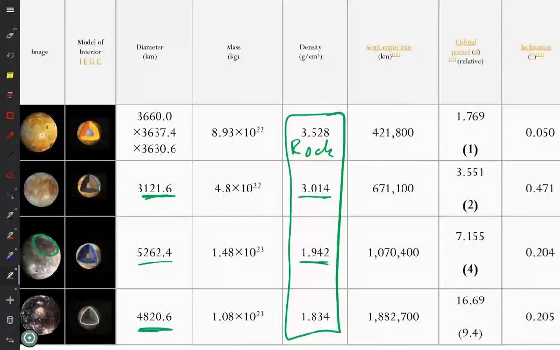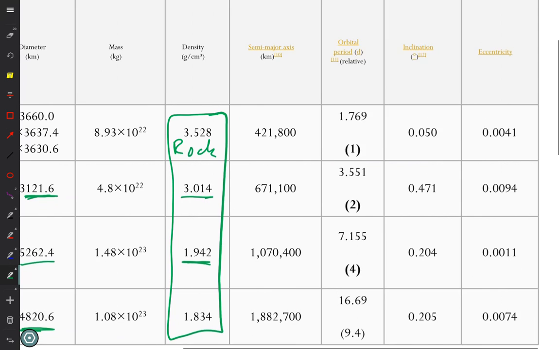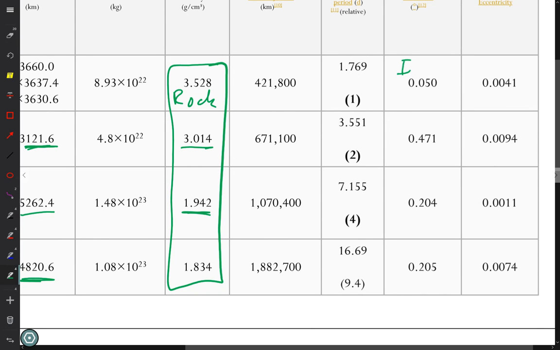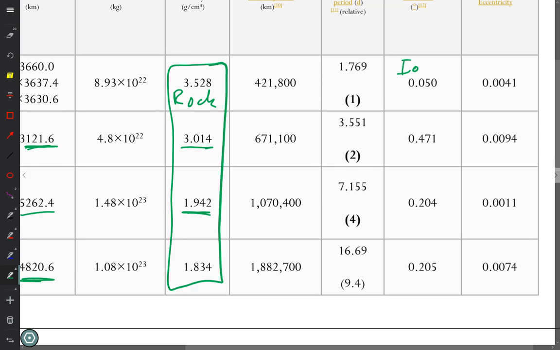Now, there's more to see here. The periods. Notice the numbers in parentheses. The period for Io, I'll just write Io over here, is 1.769 days for it to do an orbit. It's not even 2 days. And the period for Europa is 2 times that.